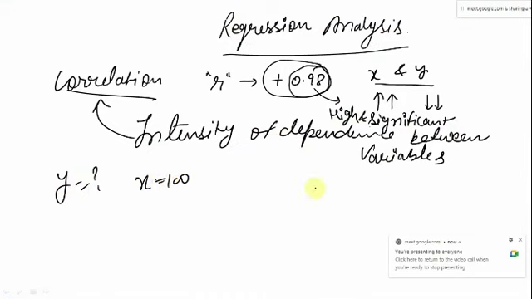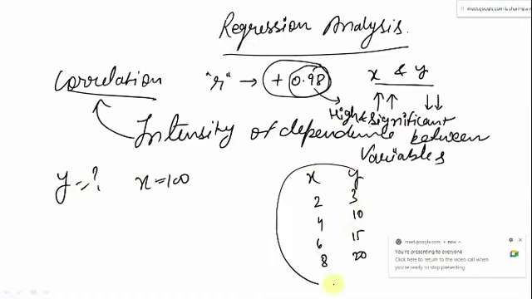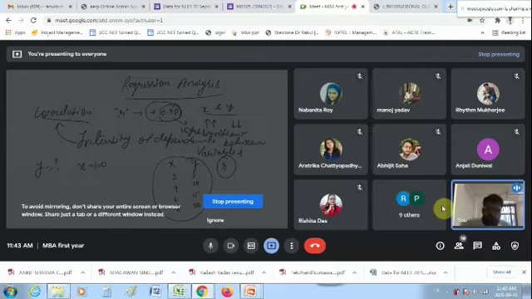I have been given some data, x and y: 2, 4, 6, 8, and let's suppose 3, 10, 15, 20. I have calculated the correlation coefficient, and I have told whether there is a positive or negative correlation, or based on the probable error, whether the correlation between these two variables is significant or not.